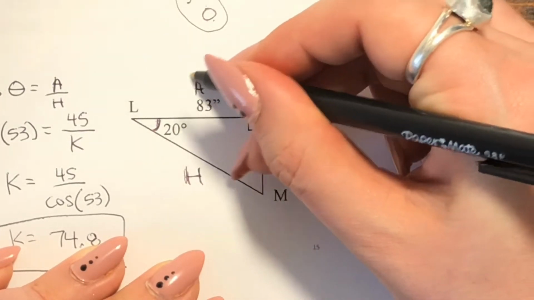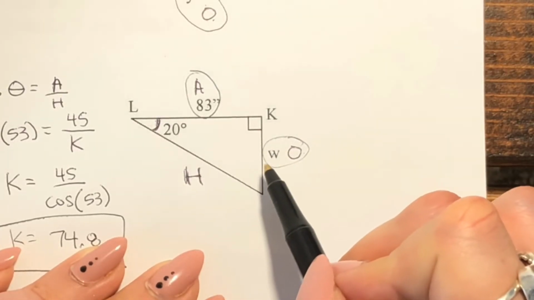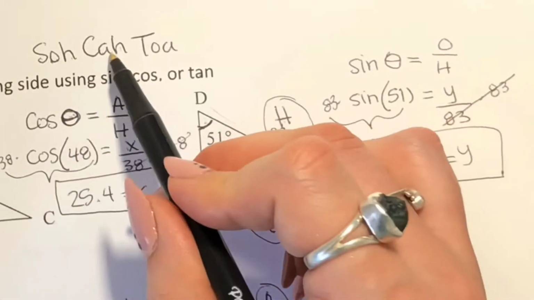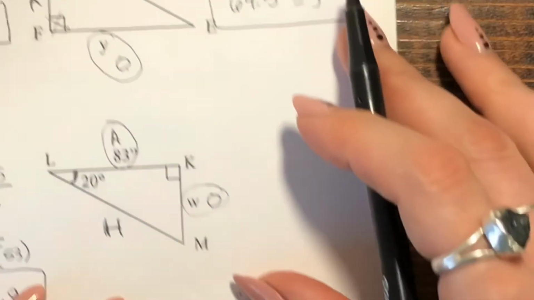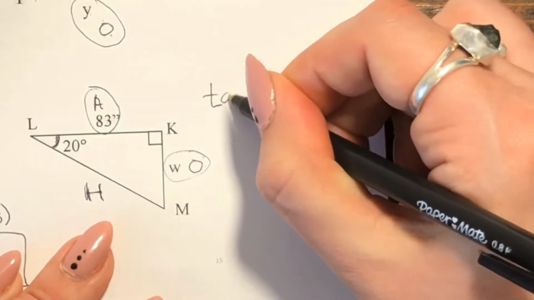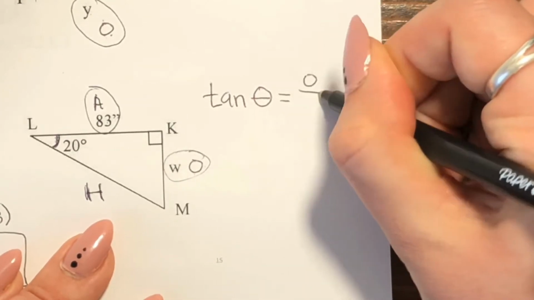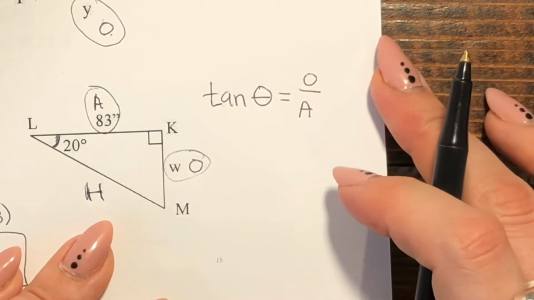They gave us 83, which is the adjacent side. So out of our three trig functions, which one uses opposite and adjacent? So if I think of my SOHCAHTOA, tangent uses opposite and adjacent, the O and the A. So we're going to use tangent this time. So tangent of the angle equals the opposite side divided by the adjacent side. So think TOA when you think tangent.